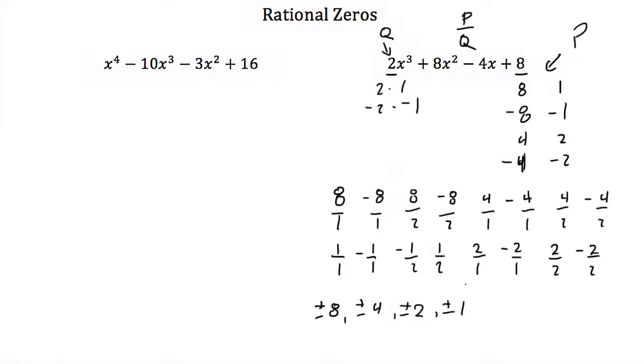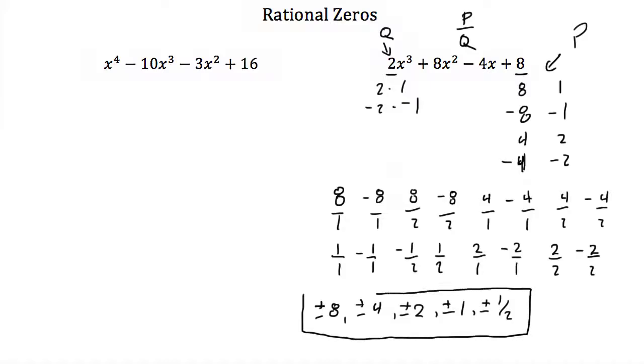We have a positive and negative 1/2, so that's plus or minus 1/2. 2 over 1 is 2, which we already have. And 2 over 2 is 1, so we already have that one too. So all of our possible rational zeros are plus or minus 8, plus or minus 4, plus or minus 2, plus or minus 1, or plus or minus 1/2.